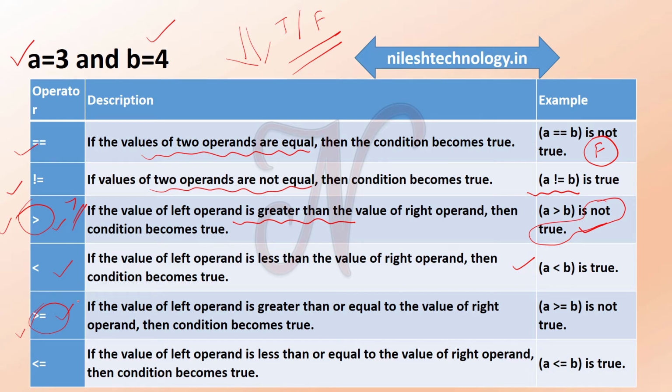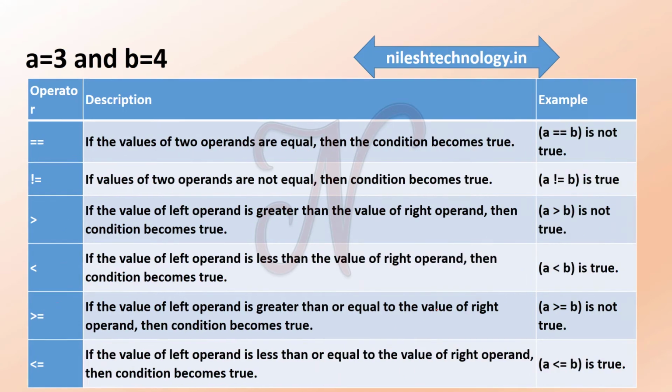But in greater than or equal, if both numbers are the same, the result is true. So check here, if the first number is greater than or equal, then return true. Same here, less than or equal. So these are the comparison operators, and the result is a Boolean, either true or false. Now we will see examples one by one.